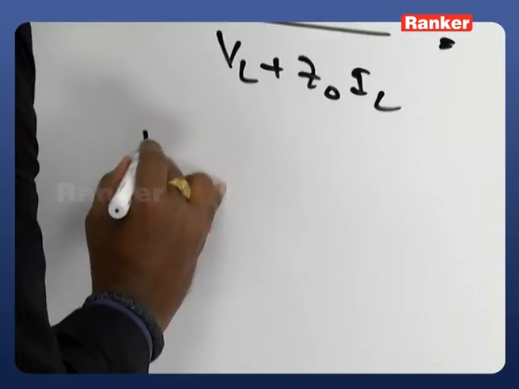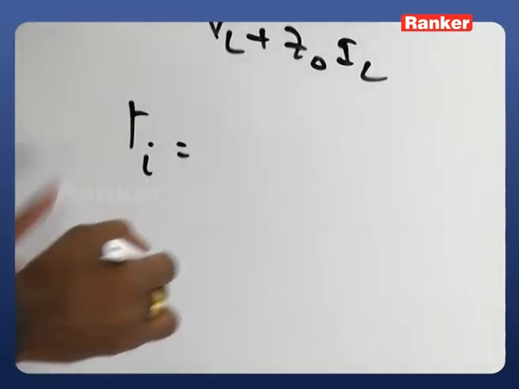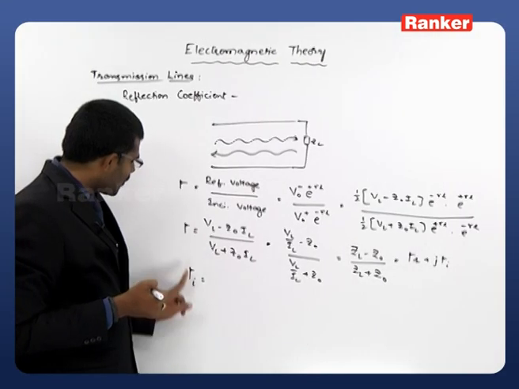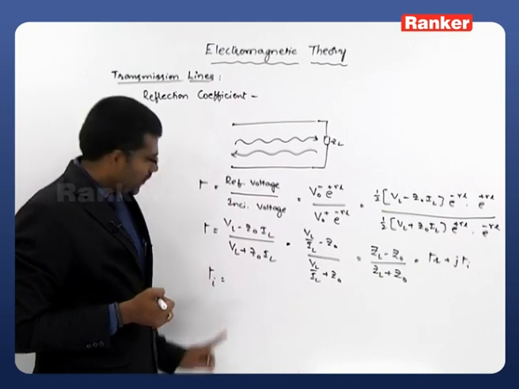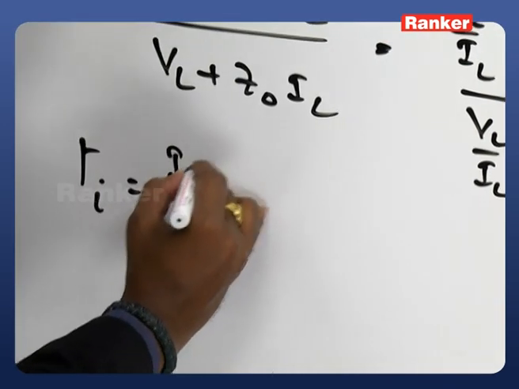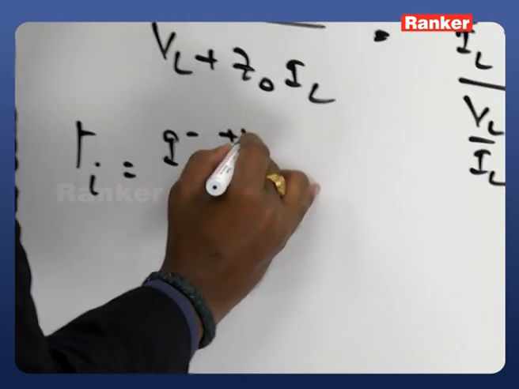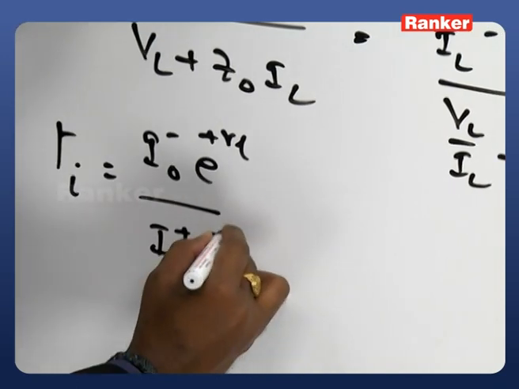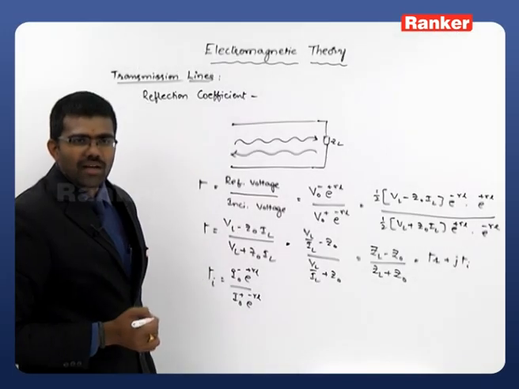I am considering the current reflection coefficient gamma with suffix I, added to differentiate it from the voltage reflection coefficient. Gamma I is equal to I naught minus e power plus gamma L divided by I naught plus e power minus gamma L.